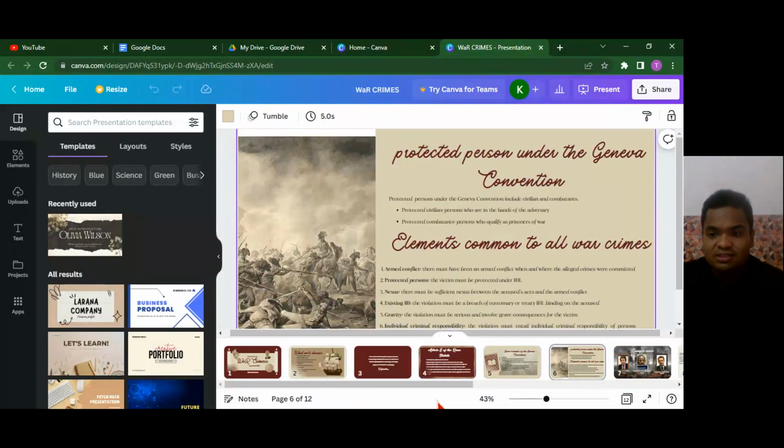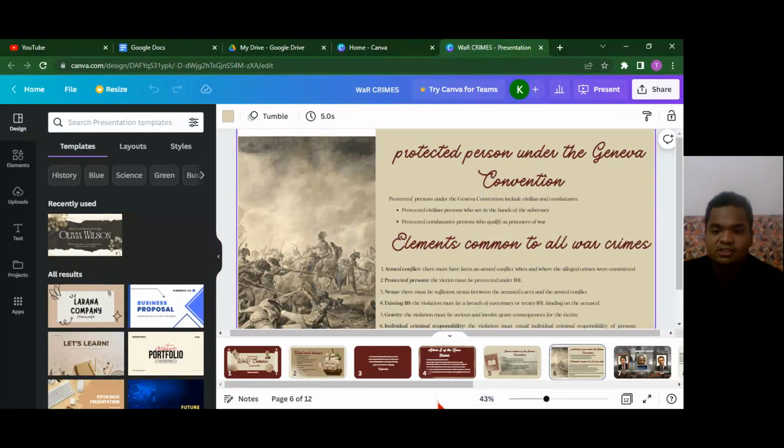Who is the protected person under the Geneva Convention? Protected persons under the Geneva Convention include civilians and combatants. The first one is protected civilians. Civilians who are in the hands of the adversary must be protected, must be taken good care of, and must get food and drink.